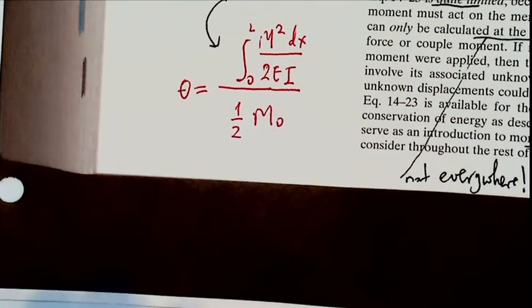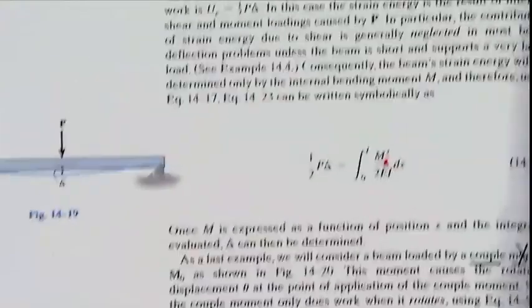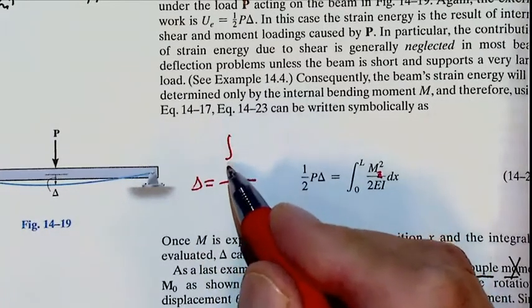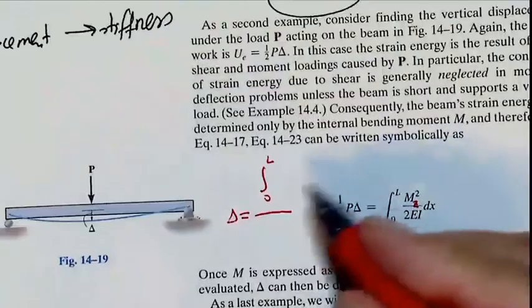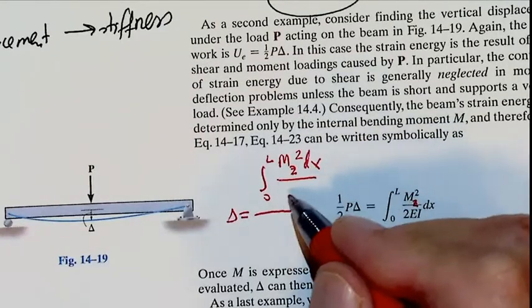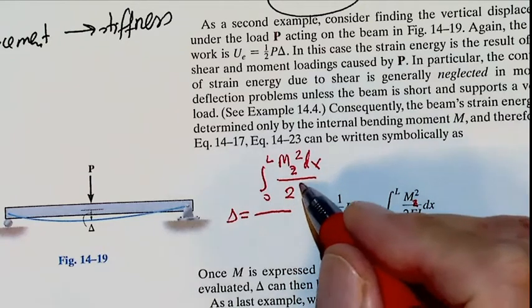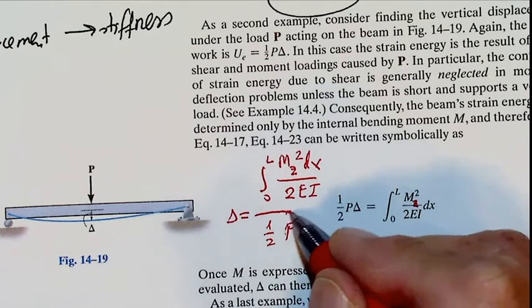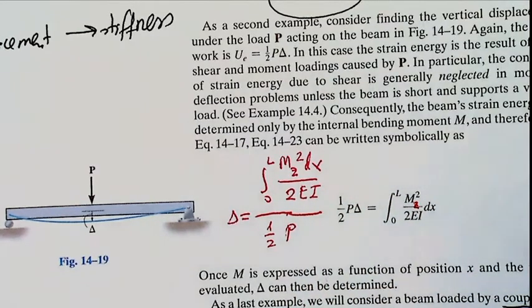Okay, so that is a different way of finding displacement. So here displacement would be integral from 0 to L, mz squared dx over 2EI, yes, 2EI, divided by 1/2 P. That is how we could evaluate things.